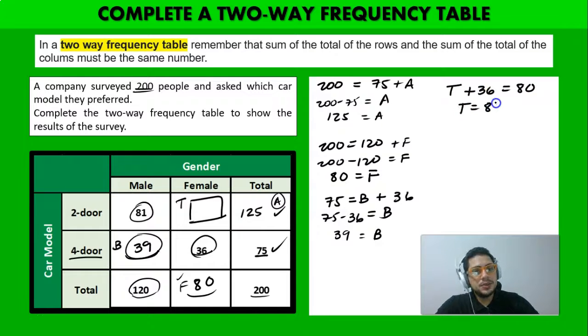So T is equal to 80 minus 36. And that gives us that the amount of women that like the two-door car model is actually 44. And we know that 44 plus 81 is actually 125. So it matches everything properly.